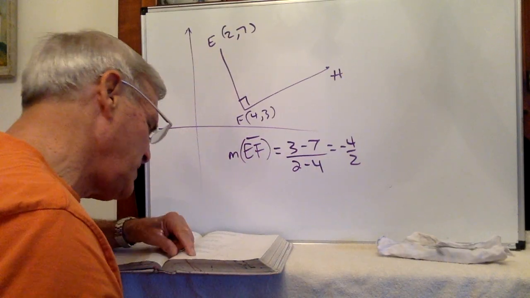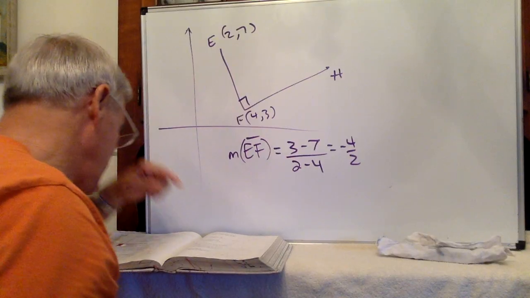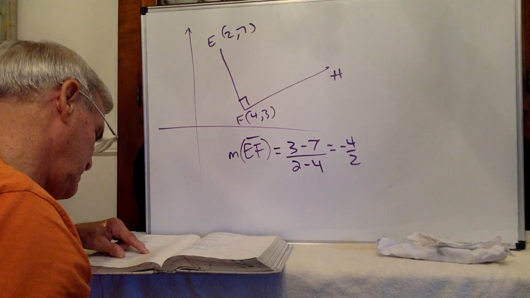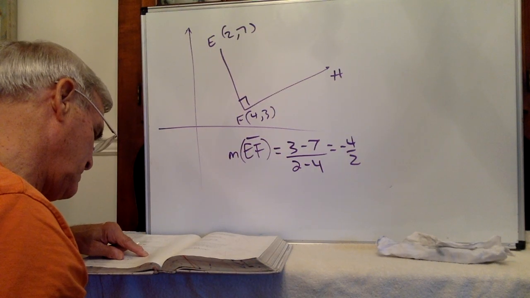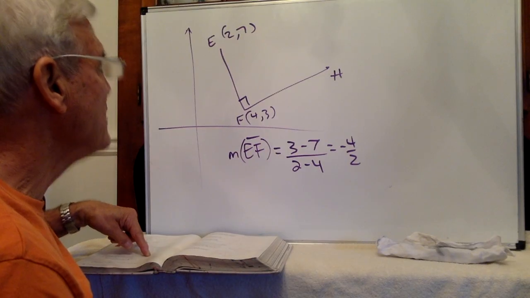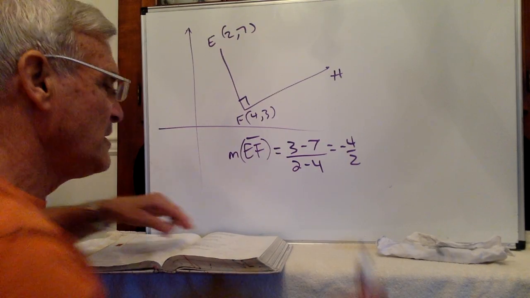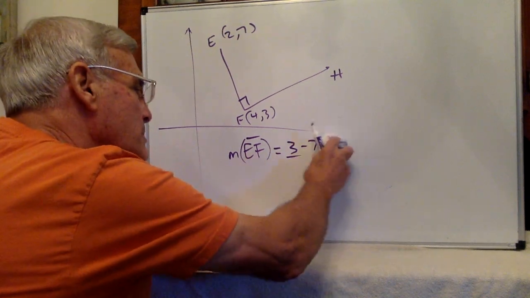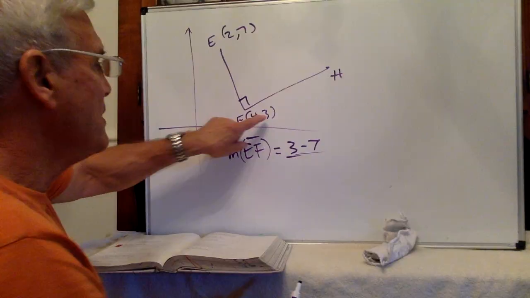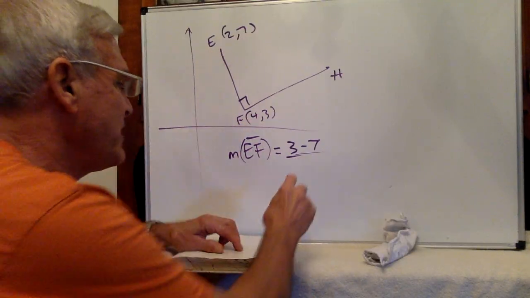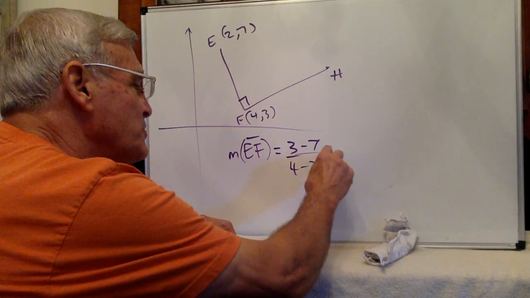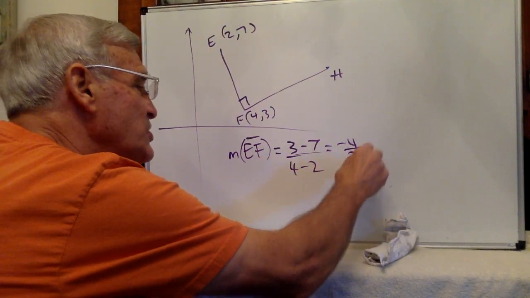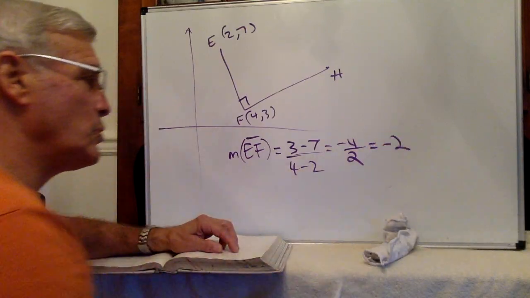Did I write this correctly? 2, 7, 4, 3. 3 minus 7. See, I did exactly what I told you not to do. 3 minus 7 over 4 minus 2. Be careful of the way you subtract. 3 minus 7 is negative 4. 4 minus 2 is 2. The slope is negative 2. The slope of EF.